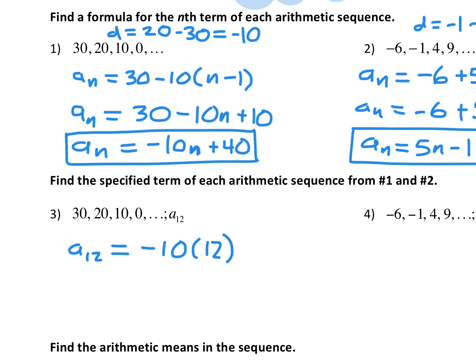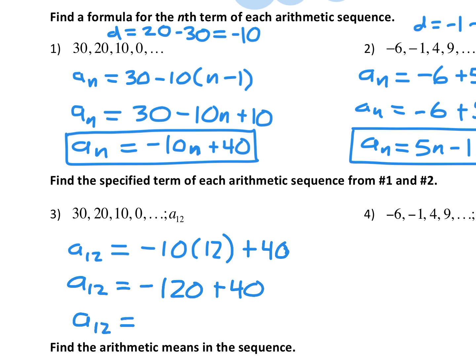So -10 again times 12, and then plus the 40. So A12 equals negative 120 plus 40. A12 is negative 80. So if you were to expand the list to 12 items, the 12th item would be negative 80.